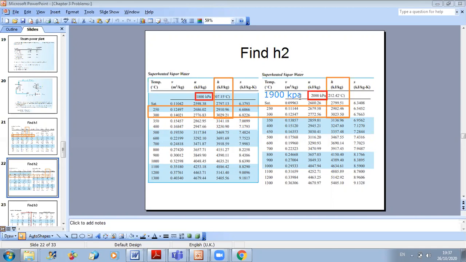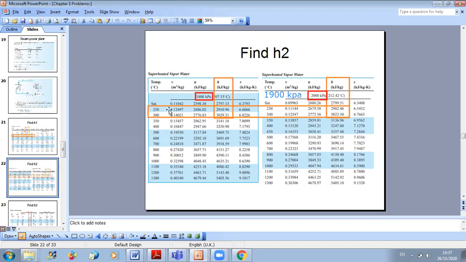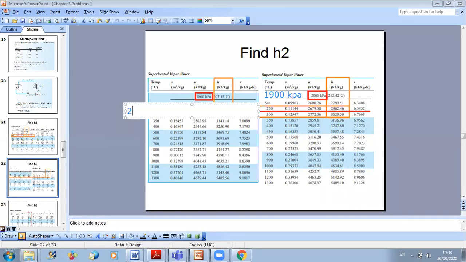What will take a lot of time is that the temperature is also 290, so you should do interpolation between 250 and 300 as well. Here the only difficulty is that you have to do several interpolations. First you do an interpolation to get H at 290 here, then a second interpolation to get H at 290 there. Let me remind you how to do the interpolation. I need to find H at 290, so you put it like a small table.